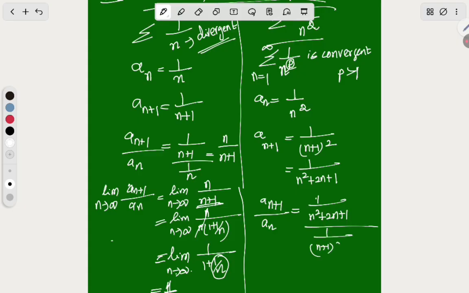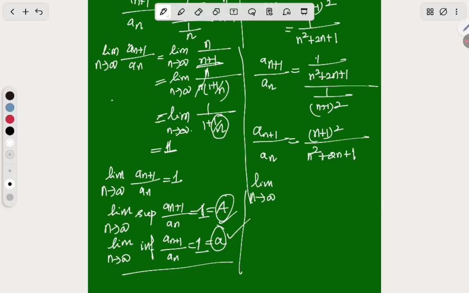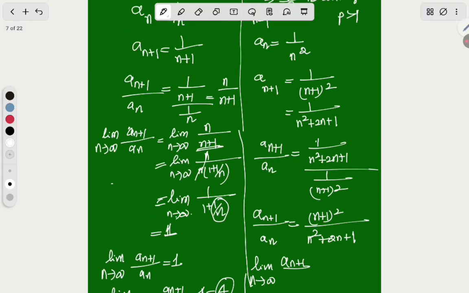Which means I can write an plus 1 by an equal to n square divided by n square plus 2n plus 1. So now let us calculate the limit. Actually, what is an?